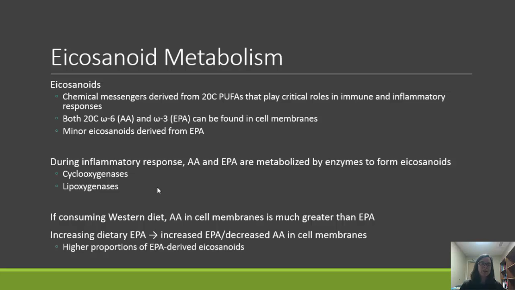This goes back to the ratio we were talking about: if we decrease the amount of omega-6s in relation to the amount of omega-3s, then we get more omega-3s in our cell membranes, and a higher proportion of omega-3 derived eicosanoids compared to arachidonic acid derived eicosanoids. We'll see why that's important.